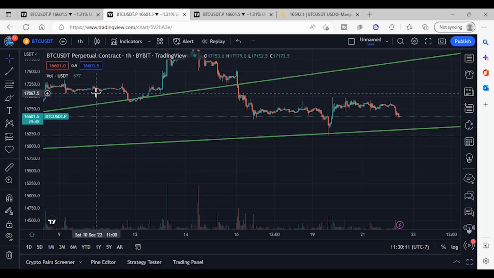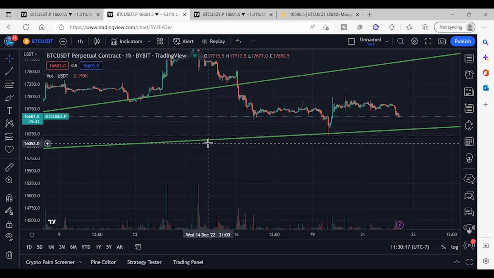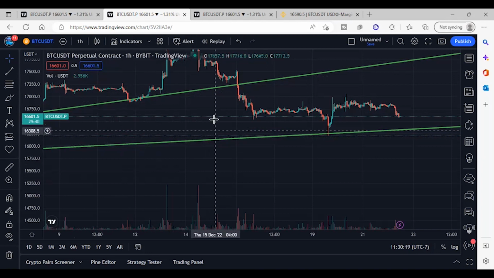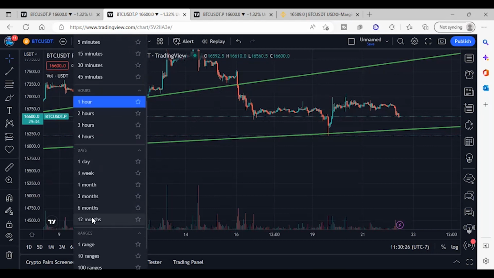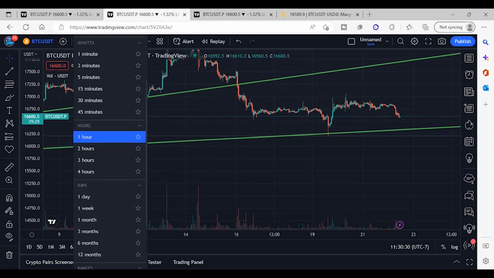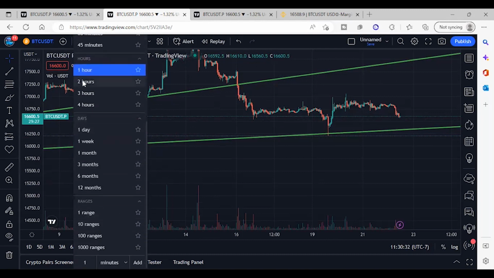So before you draw your uptrend, start analyzing from the bigger time frame and move all the way down to the smaller time frame. Bigger time frame is considered anything from 4 hours and above.